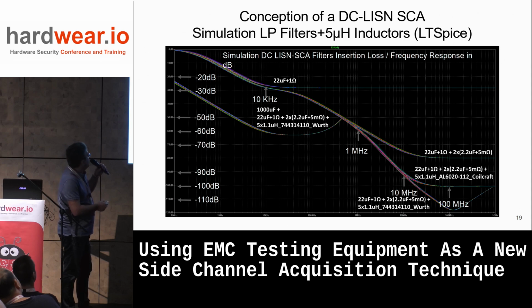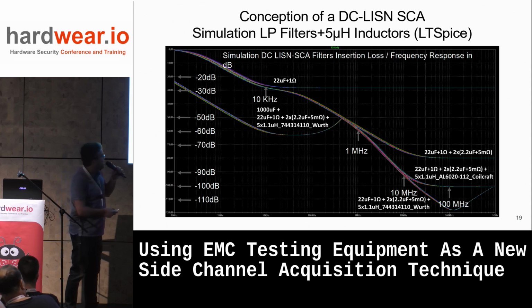So we add another one, a 2.2 microfarad capacitor, and we see how it improves the frequency response, the insertion loss, up to minus 80 dB. It's simulation, we will see after. It's not the reality, but we have an idea.